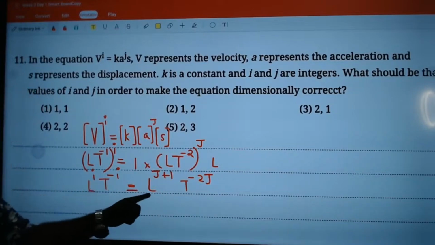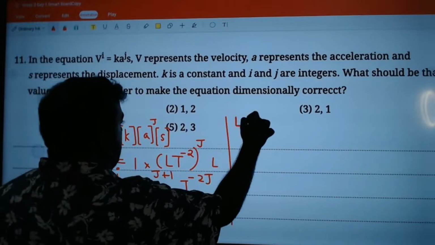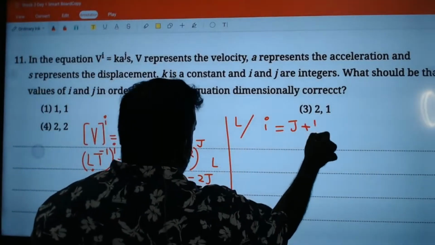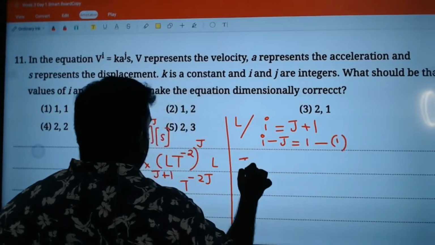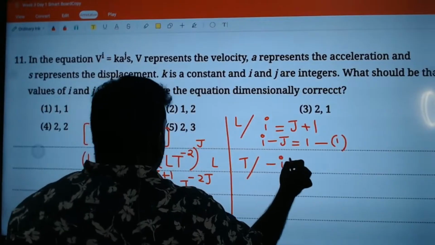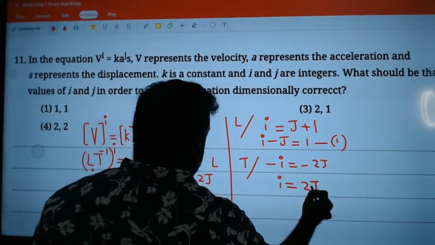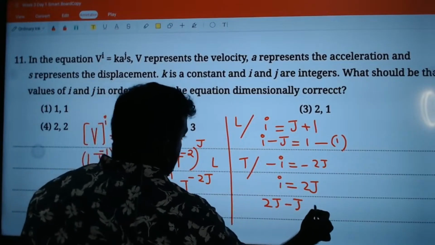Now if both sides are equal, we can say left hand side powers and right hand side powers are equal. So we can consider the powers of L. I is equal to J plus 1. I minus J is equal to 1, equation 1. For T, minus I equals minus 2J. I is equal to 2J, substitute there. 2J minus J is equal to 1.